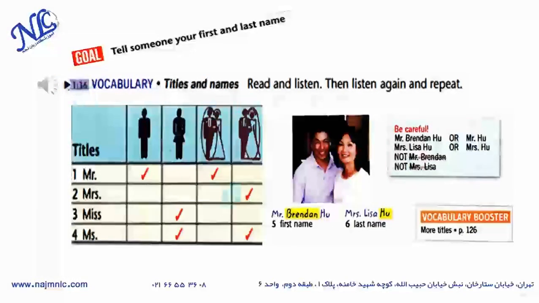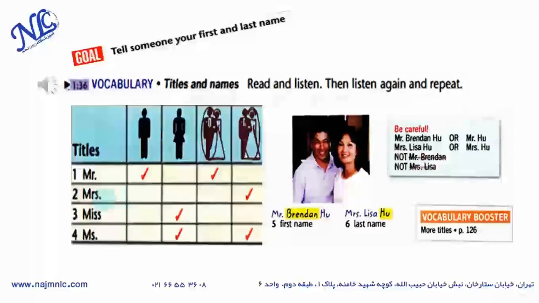Look at the title. Look at this table. Mr. Mrs. Miss. Ms. What's the difference between them? Look. We use Mr. for a man. The man can be married or unmarried. So here, a married man, and here, a single man.